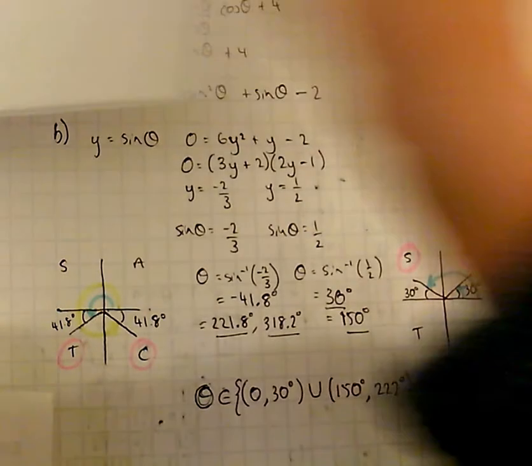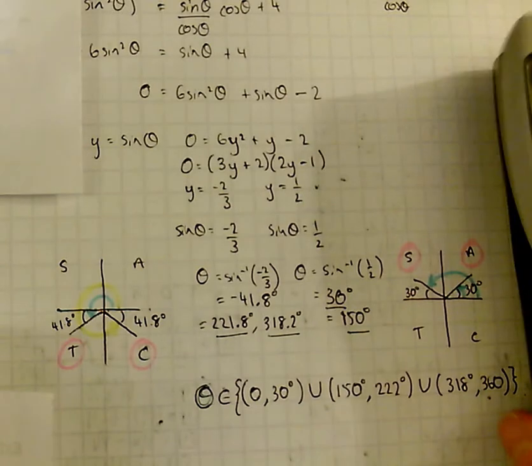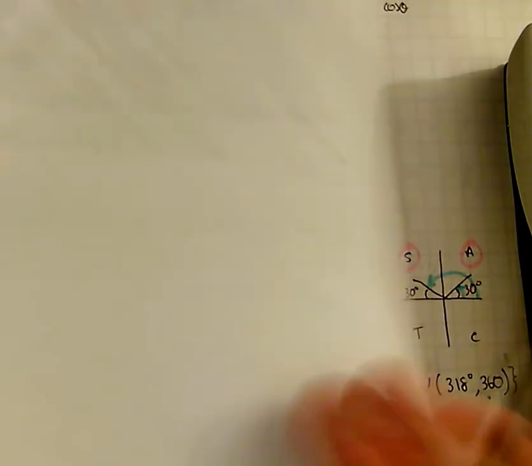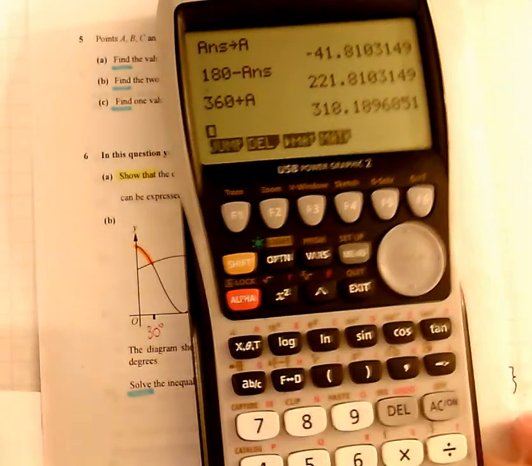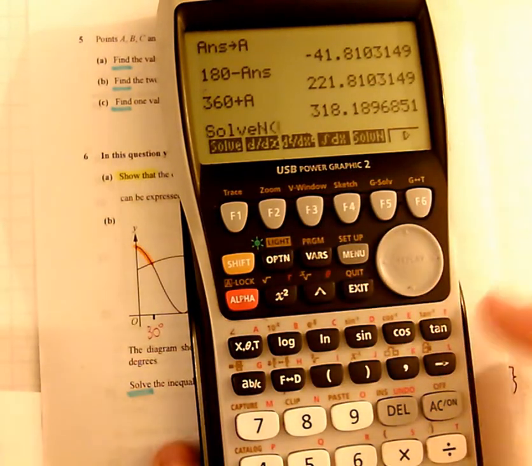Okay, I want to just check that I've got my values correct, so I'm going to type in the original equation. Okay, so in run mode on my calculator, I'm going options, calc, solve n.